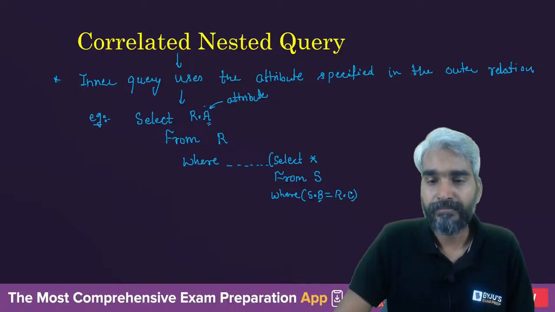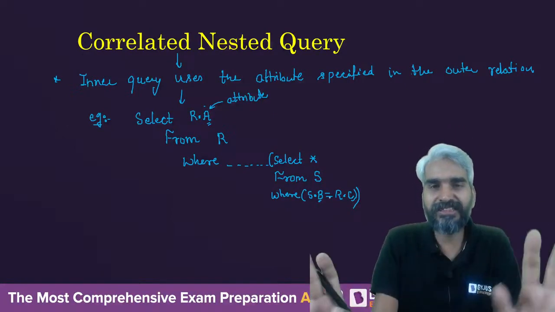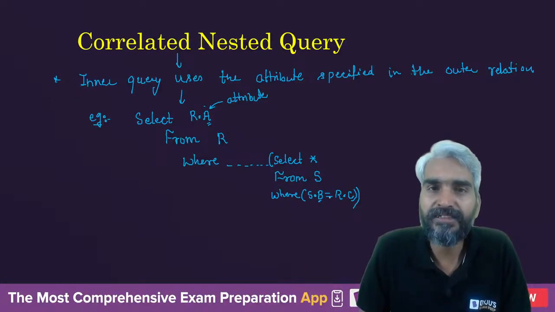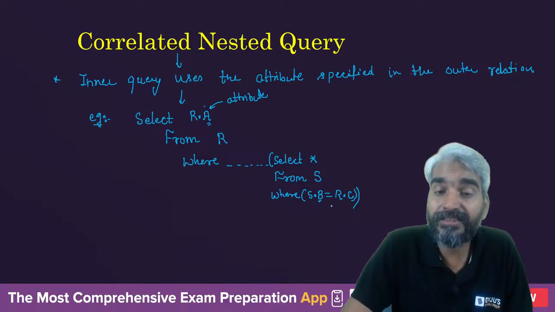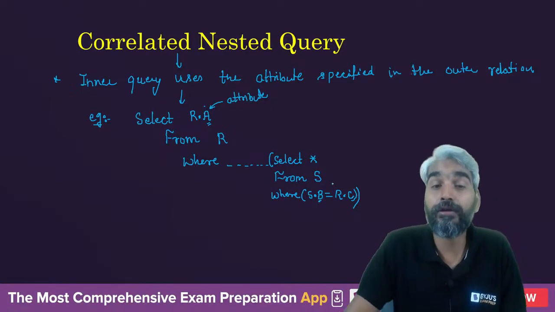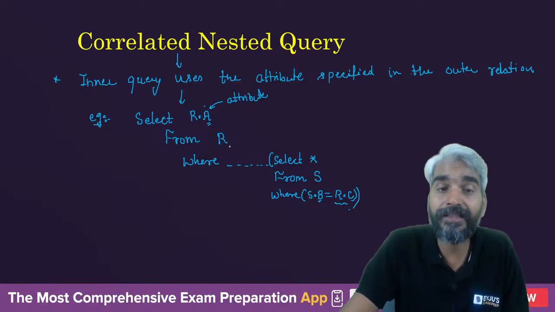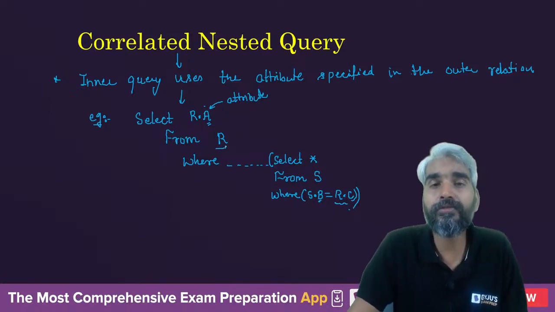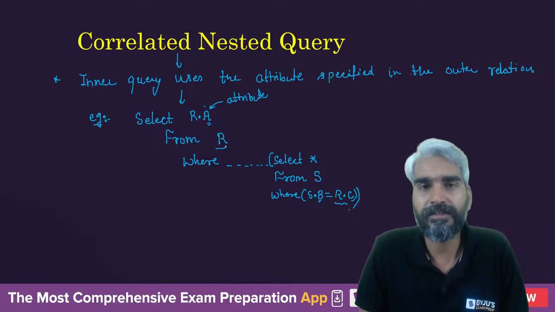Such types of queries will be known as correlated queries, in which you cannot execute the inner query independently, because this inner query requires something which is specified in the outer relation. Have you got the idea?